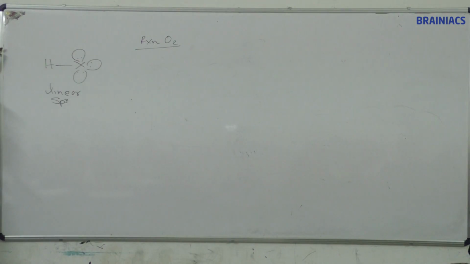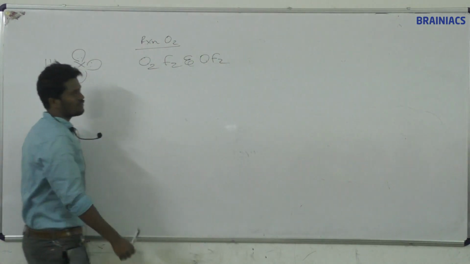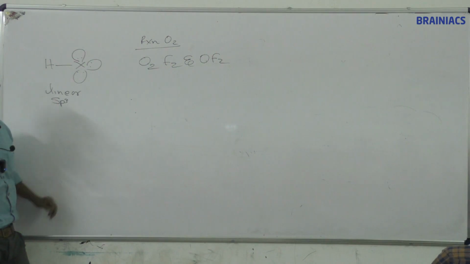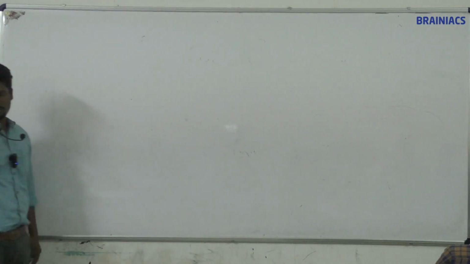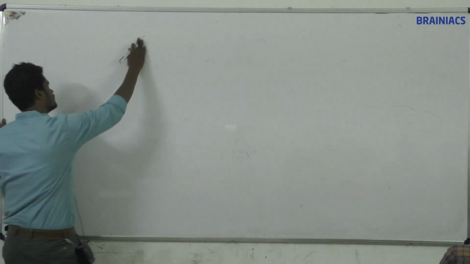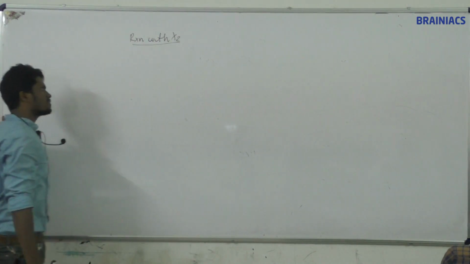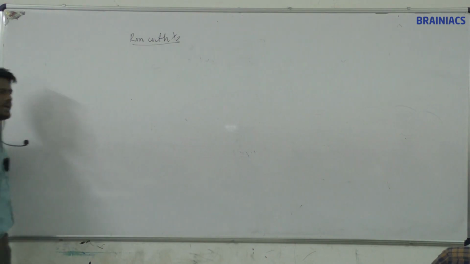So they give a number of oxides. But fluorine only gives O2F2 and OF2. Others can give a number of oxides.